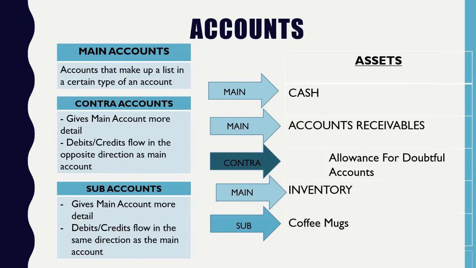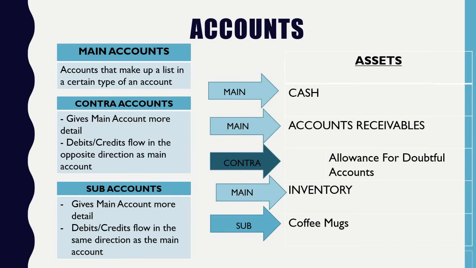I'm going to explain this because it's kind of an easy yet kind of difficult concept to understand, because there are a million ways of looking at it. When we're looking at our accounts, we need to have a bunch of titles. A main account is kind of like the umbrella, a broad term.